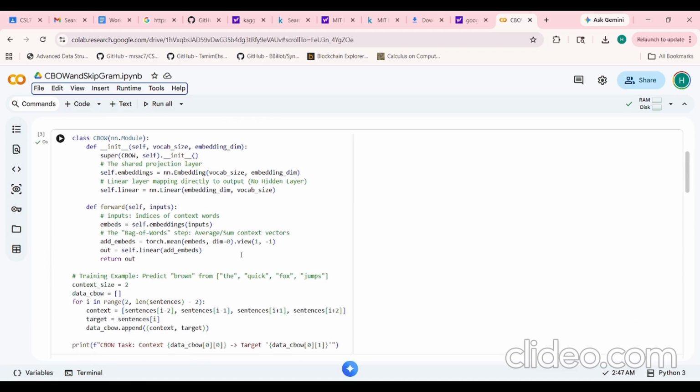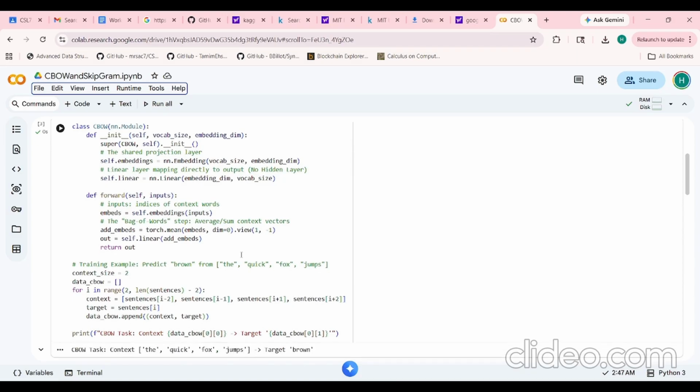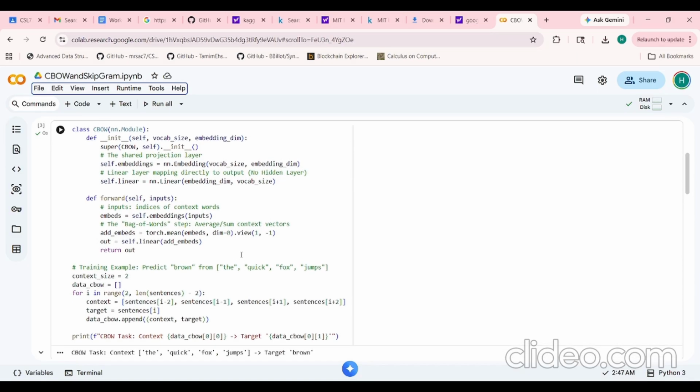Now the second cell implements the continuous bag of words architecture. The code explicitly follows the paper's breakthrough strategy, removing the nonlinear hidden layer. Notice the class structure: we have an embedding layer and a linear layer, but nothing in between. In older NLP models, a hidden layer H would have created a massive computational drain.